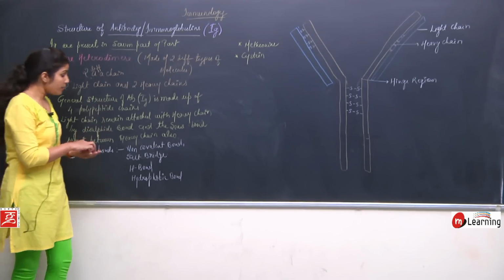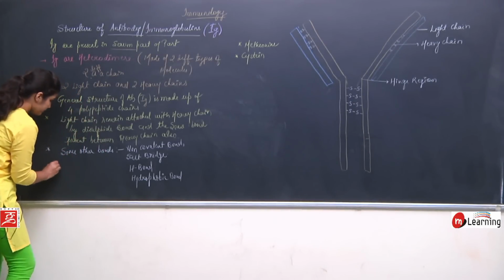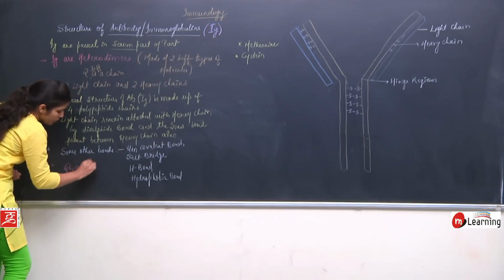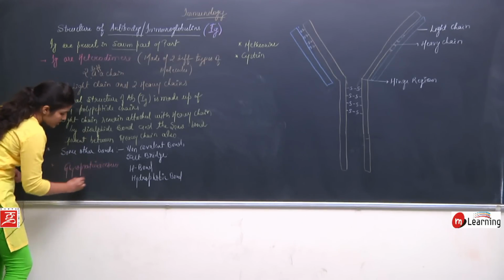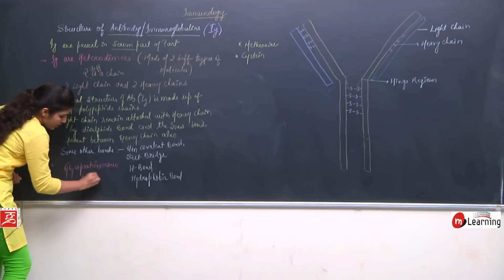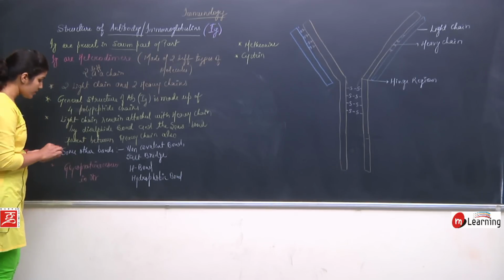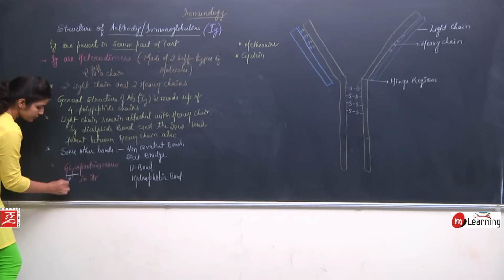Okay. And one more important thing, that immunoglobulins are glycoproteinaceous in structure. They are glycoproteinaceous in structure, and the glyco part will be our oligosaccharide.